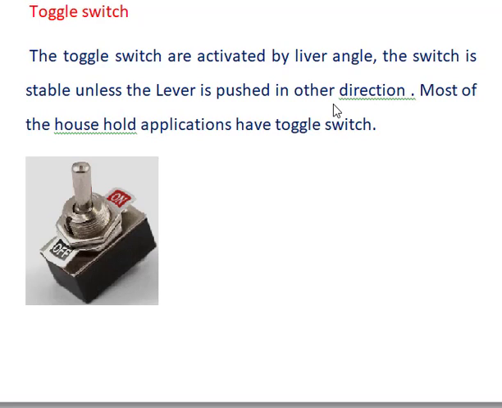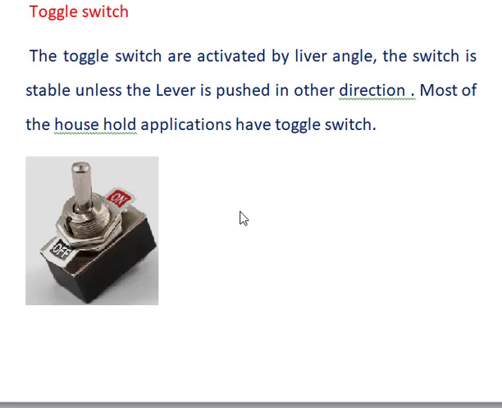In our lab we use this switch in power supplies, to switch the DC power supply on and off. This is activated by a single lever and it always stays stable in one direction unless it is disturbed by the external user.